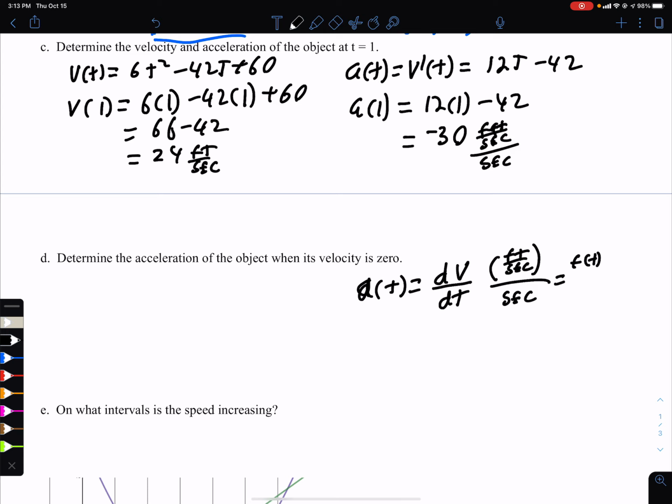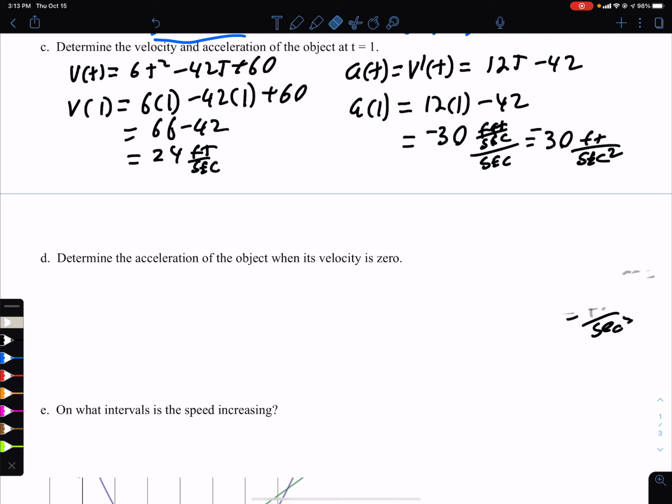You multiply by the reciprocal. So if you flip seconds, you get 1 over seconds. And so you end up with feet per second squared. So another acceptable form is feet per second squared. So those are the units, and that's acceleration.